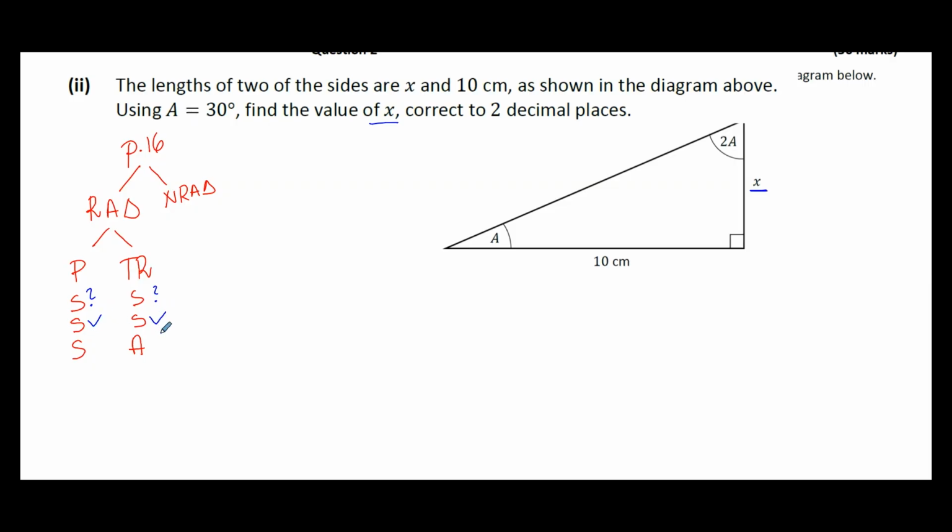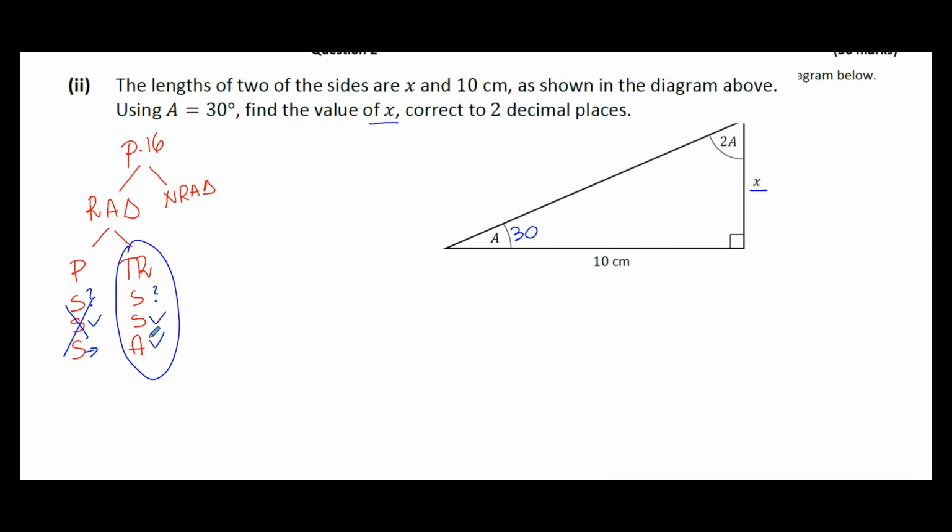Therefore, tick, we have that information. And then what else we have is the measurement of an angle, which is 30. So there it is. For Pythagoras we don't have enough information because we need another side, but for trigonometric ratio, yes.